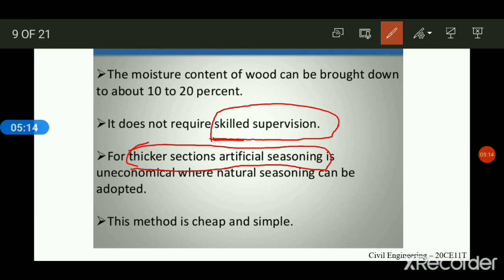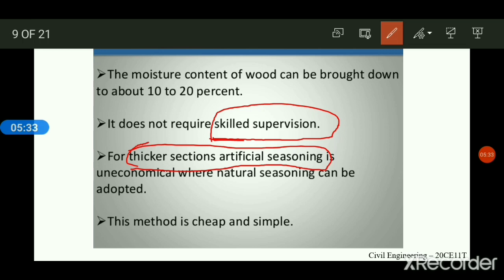There are two methods of seasoning, as I told you in previous slides. First one is natural seasoning and second one is artificial seasoning. I have explained only the natural seasoning. Next we'll move on to artificial seasoning.